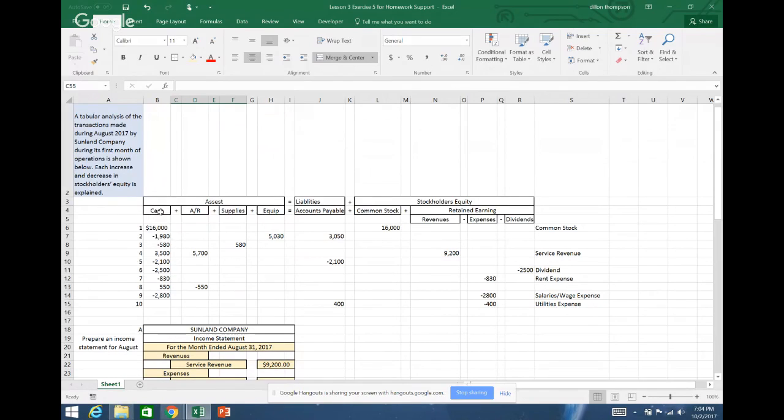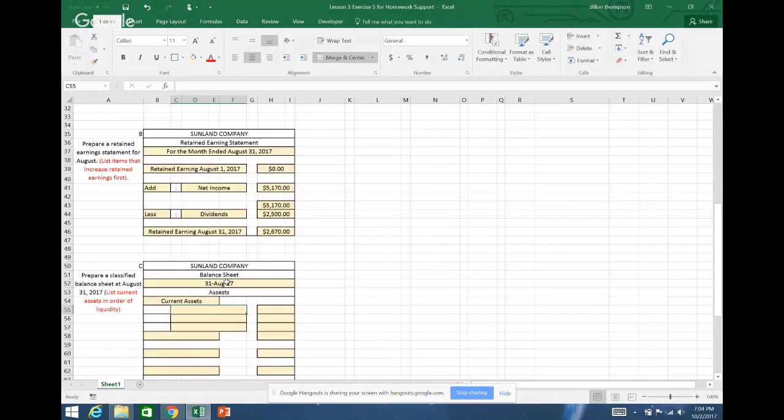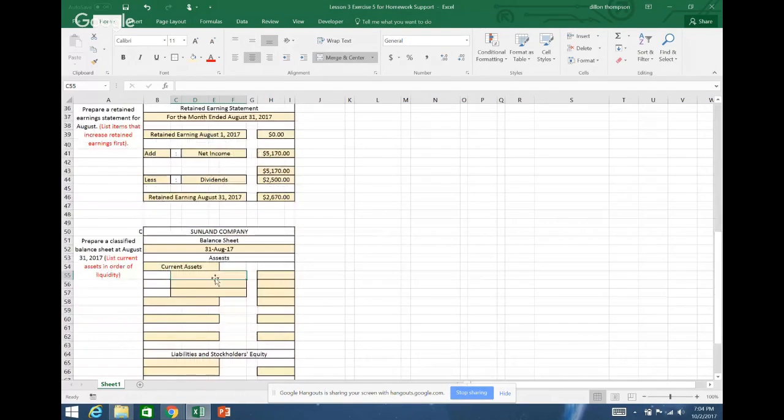For cash, what we do is we add up all of this. For accounts receivable, we add up the line items under accounts receivable. And for supplies, we add up everything under supplies account. When we add up all of those, we come to the following.